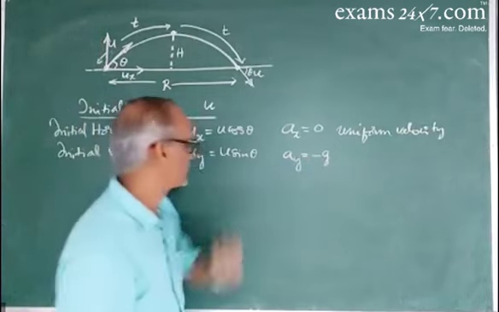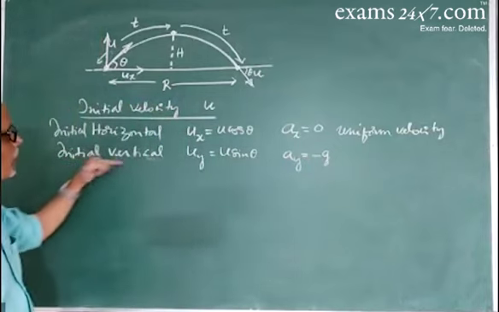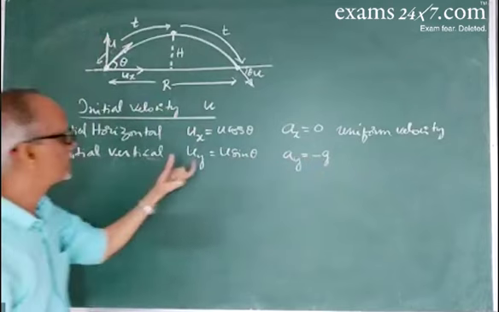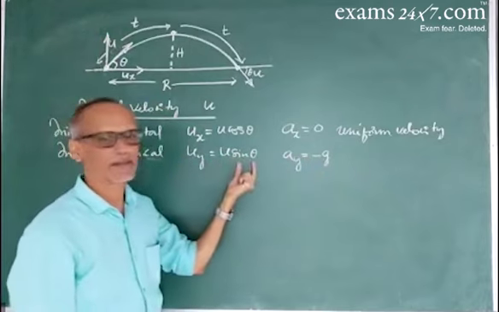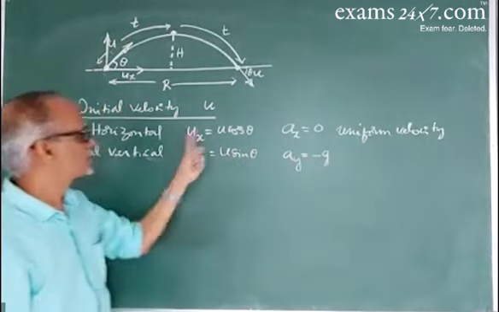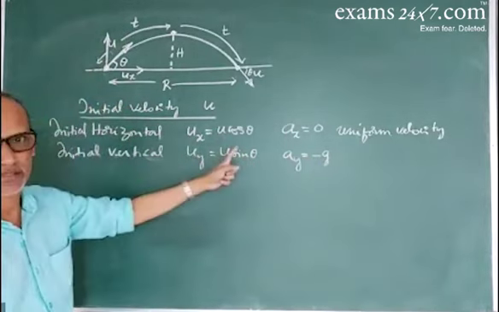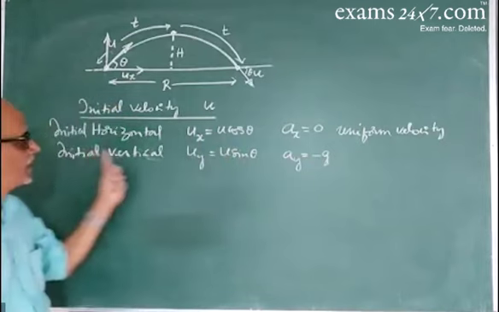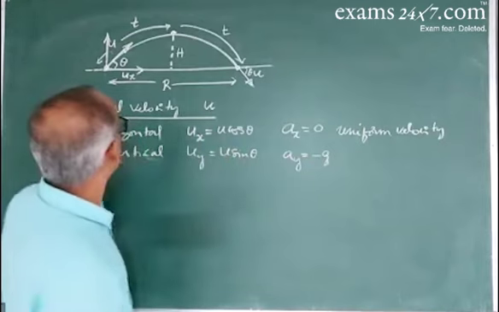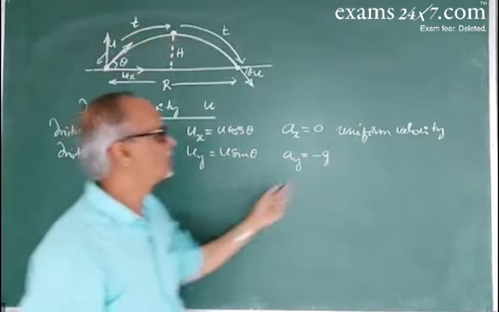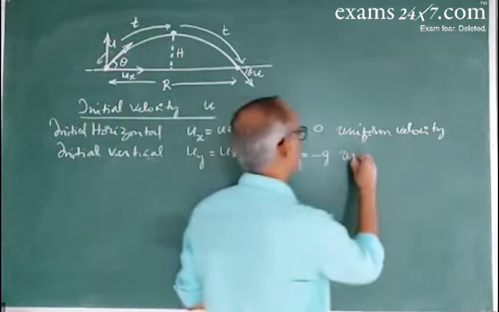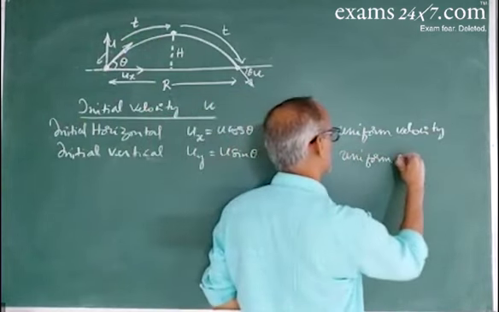So when we resolve u along the vertical, it becomes uy, which is u sine theta, the initial vertical velocity. And projectile motion is a combination of uniform velocity along the horizontal and uniform acceleration along the vertical.